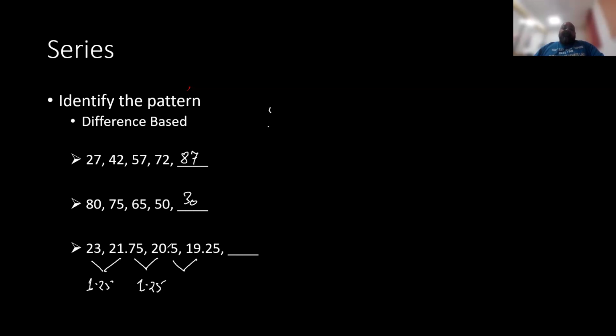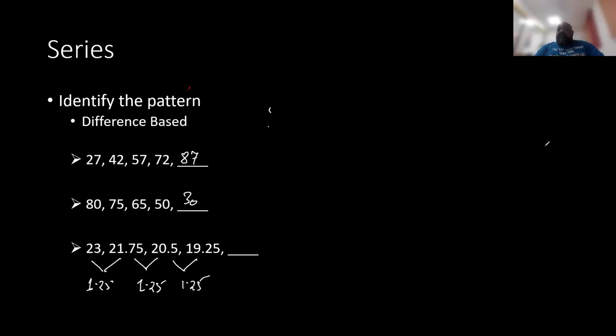The difference does not have to be a value which is integral. For example, if I say 23, 21.75, 20.5, 19.25, can you tell me the next number here? Yes, I know you can. Tell me the next number. We take differences. 23 and 21.75 is 1.25. 21.75 and 20.5, we take a difference, 1.25.